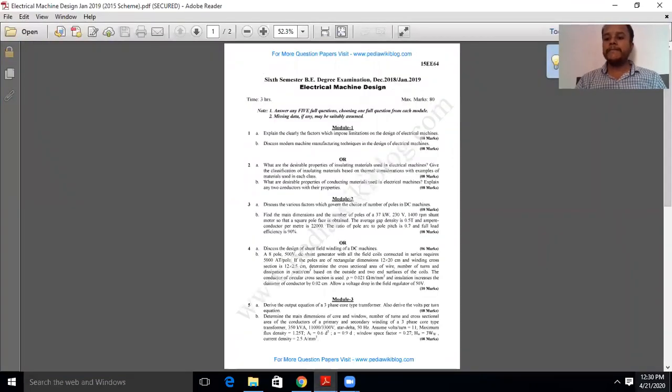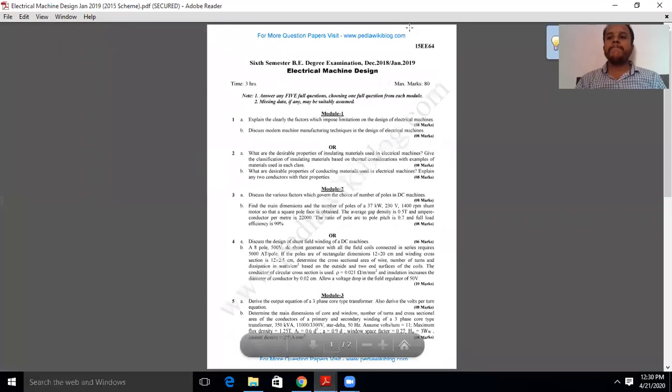So in module 3, derive the output equation of three-phase core type transformer. Also derive volt per turn equation. Whatever the Et is there, so it is asked, and at the same time, the output equation of a three-phase core type transformer is asked.